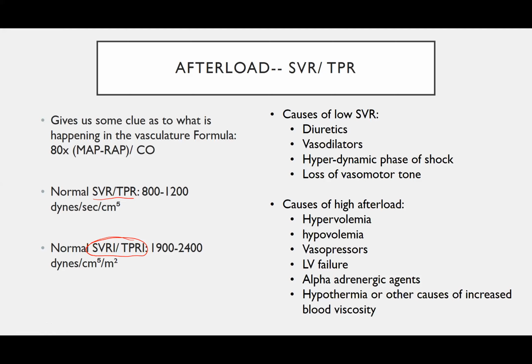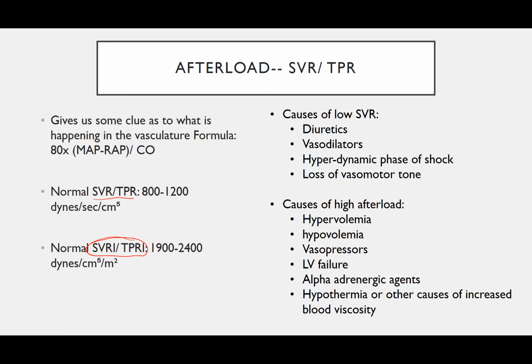So off to the right, you'll see some causes of low systemic vascular resistance, and then some causes of high systemic vascular resistance. I'm not going to spend a whole lot of time reading through these, but essentially low SVRI is going to be anything that has dilated the vascular bed, a loss of vasomotor tone, of course, and then anything with high afterload is going to be anything that really makes it more difficult.